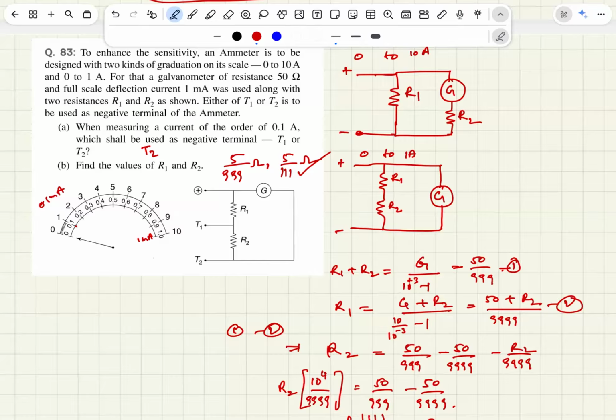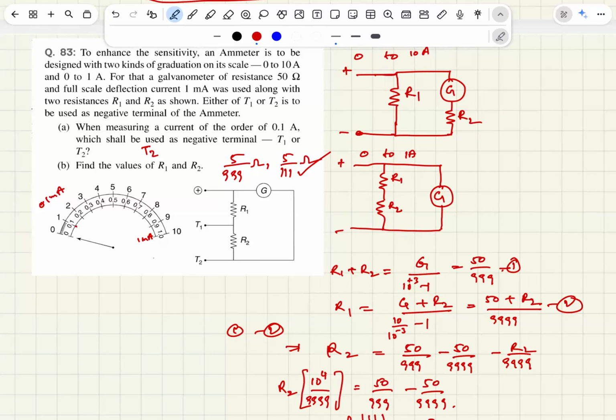You can see there are two different scales. The lower one is of one scale, the upper one is of another scale. 0 to 10 amps, 0 to 1 amps.